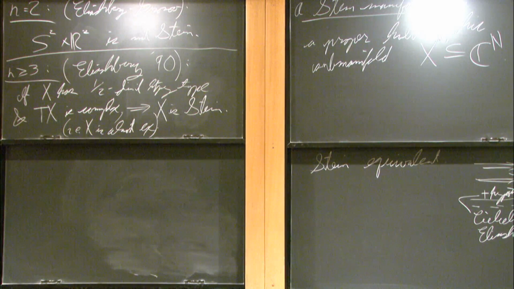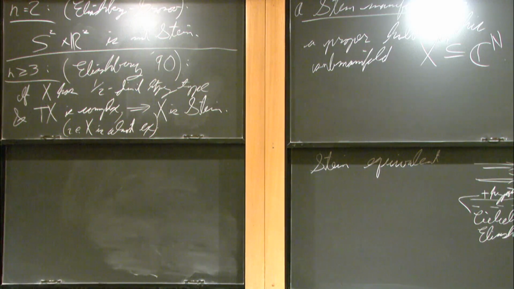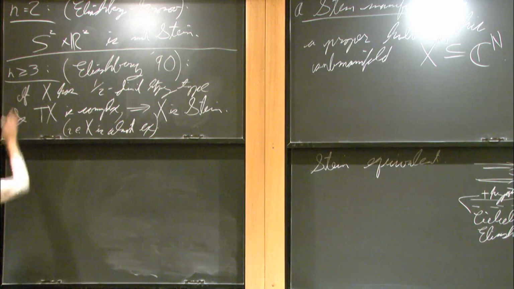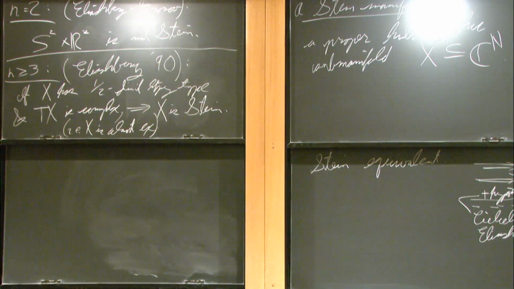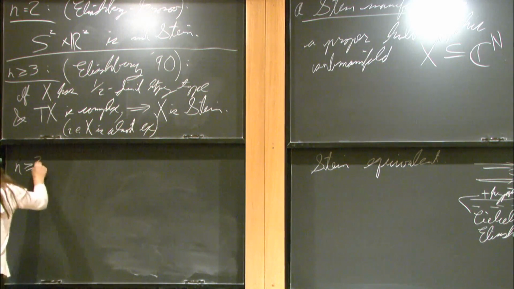And now, even though we have this nice correspondence in high dimensions, this is an existence result, but we have a failure of uniqueness, for n greater or equal to 3.